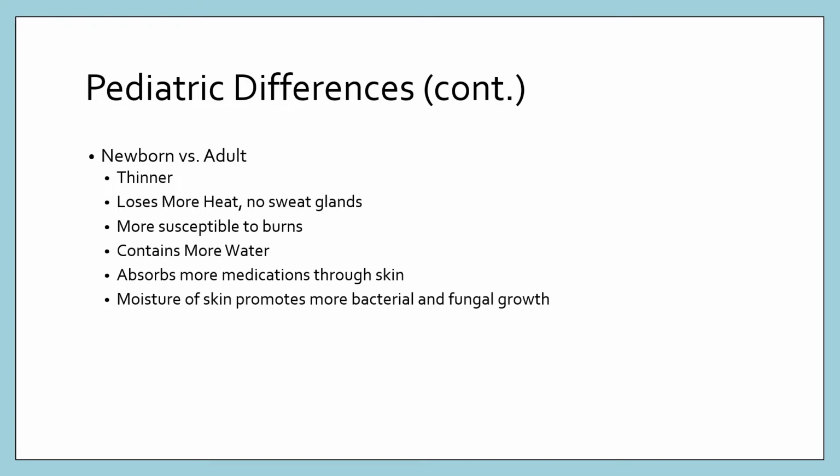This is the reason why children need to be kept warmer in the winter, cooler in the summer. They don't regulate their heat as well. They're more susceptible to burns. Pediatric skin burns very quickly.